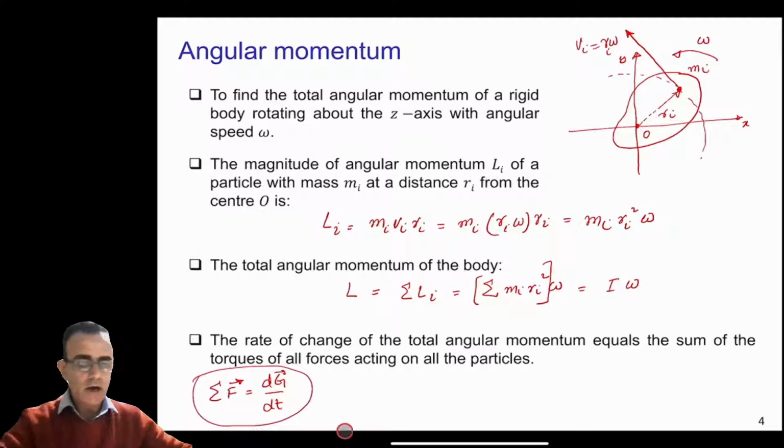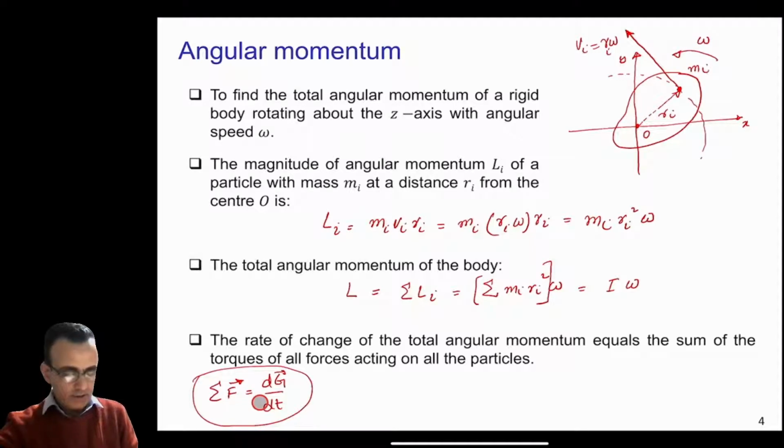But now we can write a similar equation in case of angular motion. In angular motion, we just replace force with the torque. So it will become the summation of all the torques equal to dl by dt.